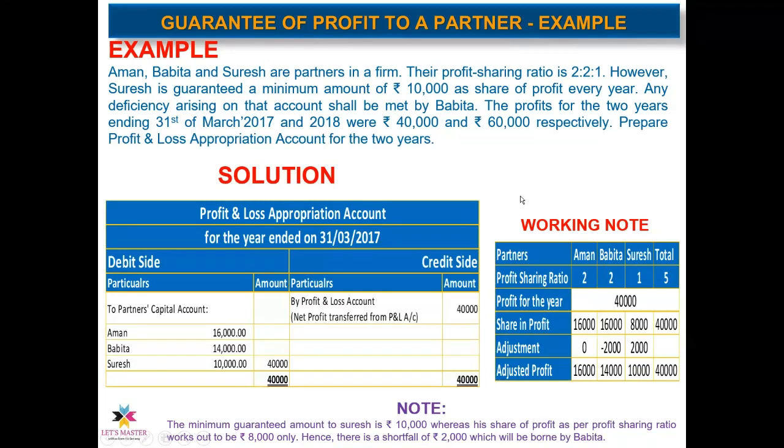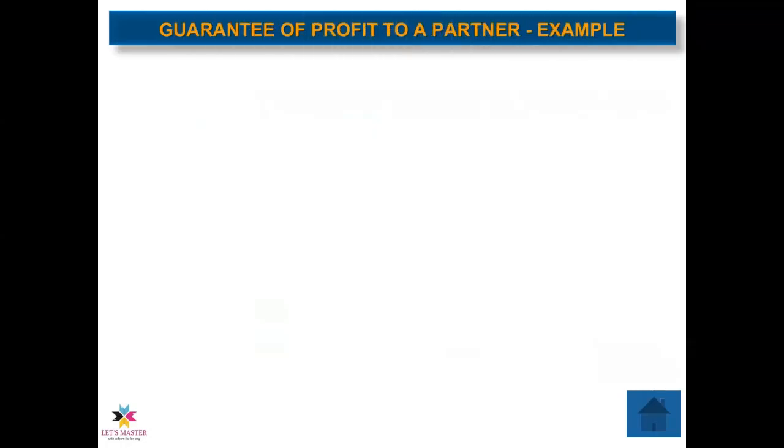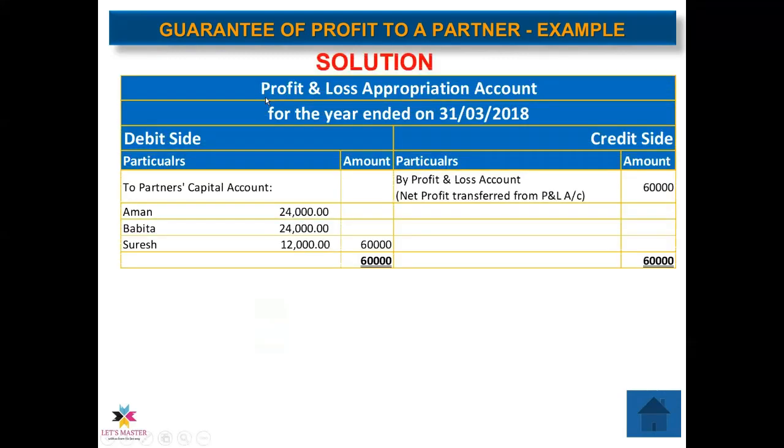Now, let's go ahead and prepare the profit and loss appropriation account for the second year, that is the year ending on 31st March 2018. In this year, the total profit earned by the partnership firm was rupees 60,000. So when we prepare the profit and loss appropriation account, this is how it should look.